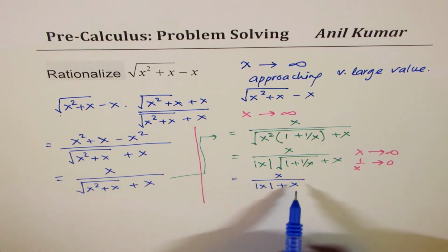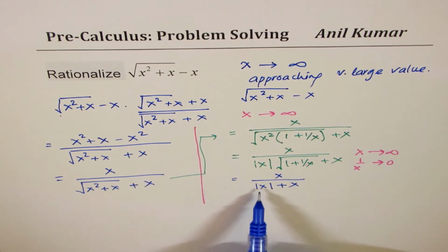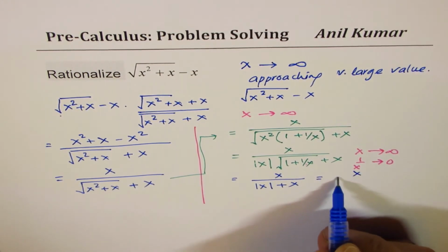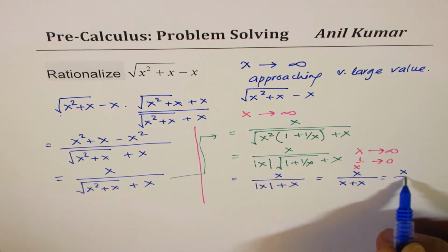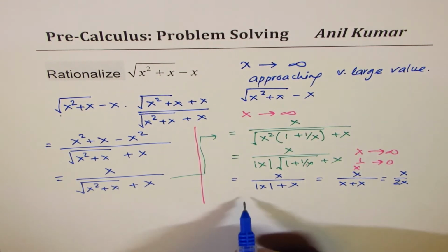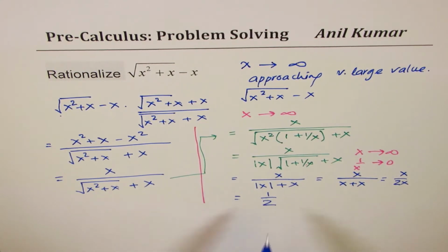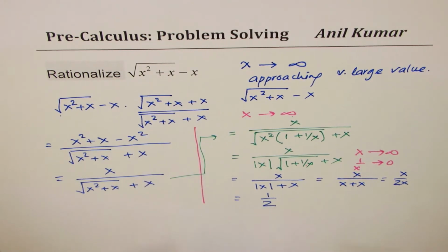Now, from here, if x is approaching positive infinity, then absolute value of x is x. So I could write this as x over x plus x, which is x over 2x, which is equal to half. Do you see that? So if x is approaching a very large positive value, this particular expression approaches half.